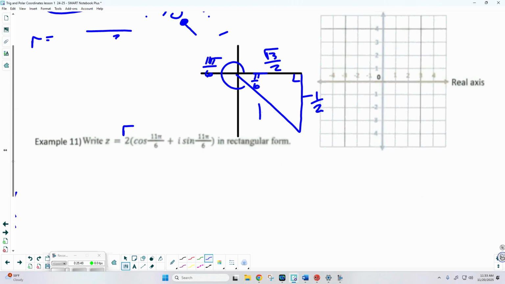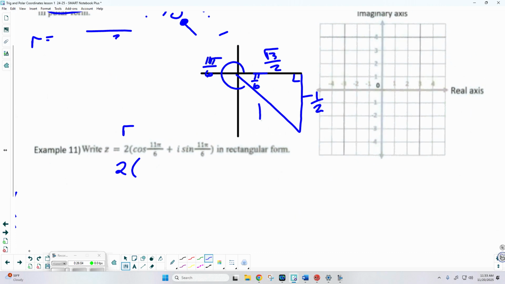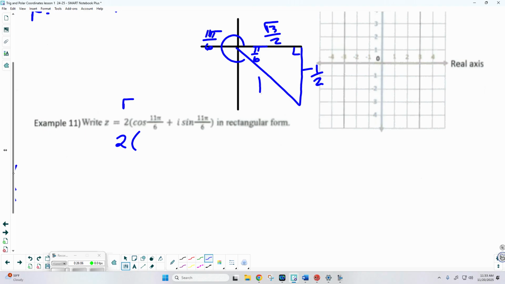So let's see here. I've now got 2 times. What is the cosine of 11 pi over 6? What am I getting from my picture? Mason, what's my cosine of 11 pi over 6?